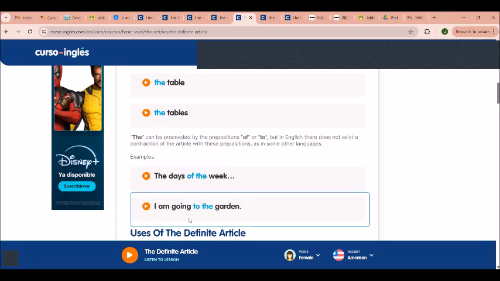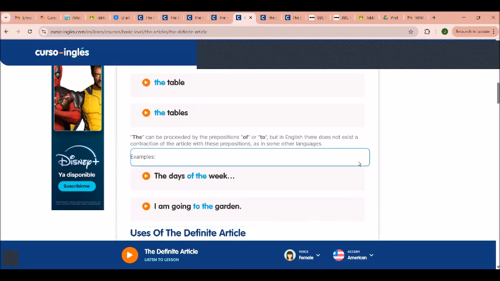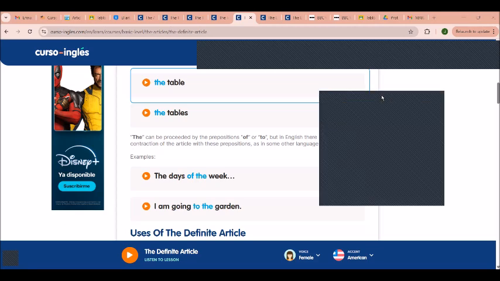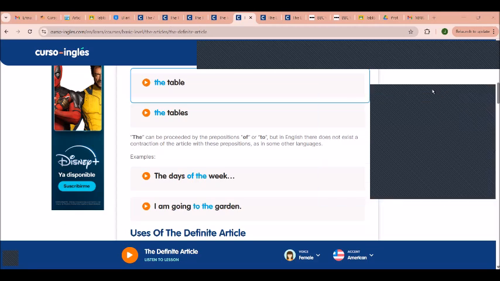I'm going to a place, and that place is the garden. In both of these, there's information between the sender and the receiver that helps them identify what particular thing is being spoken about. As we practice, you'll notice that the generic or specific nature of the noun is very important.